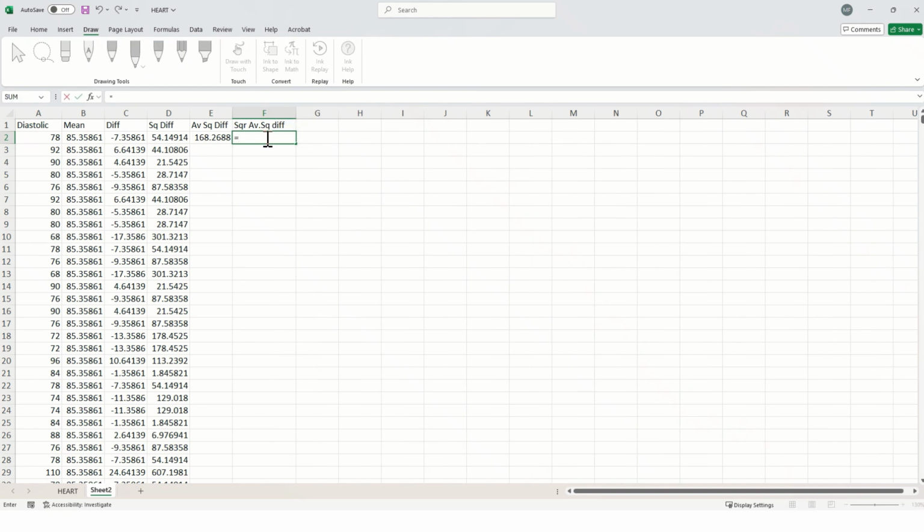So I'm going to take the square root of this value, which comes down to 12.97. So this value 12.97 is telling us that on the average all these values are differing from the mean by 13 millimeters of mercury.